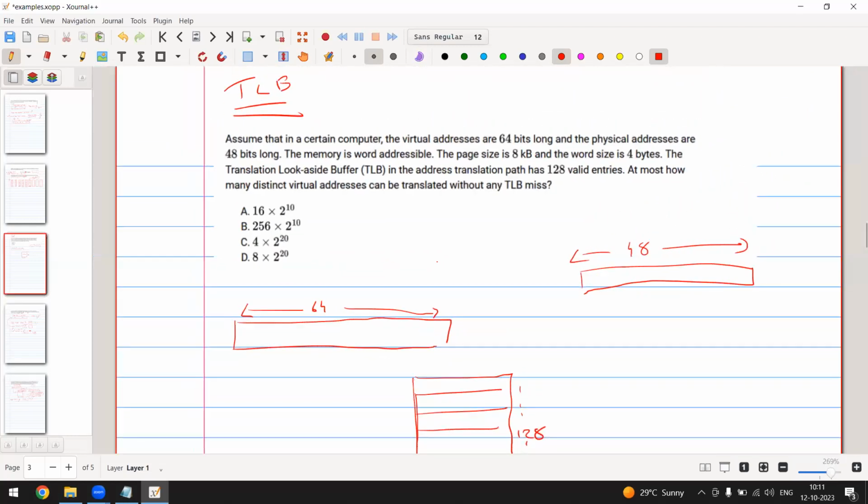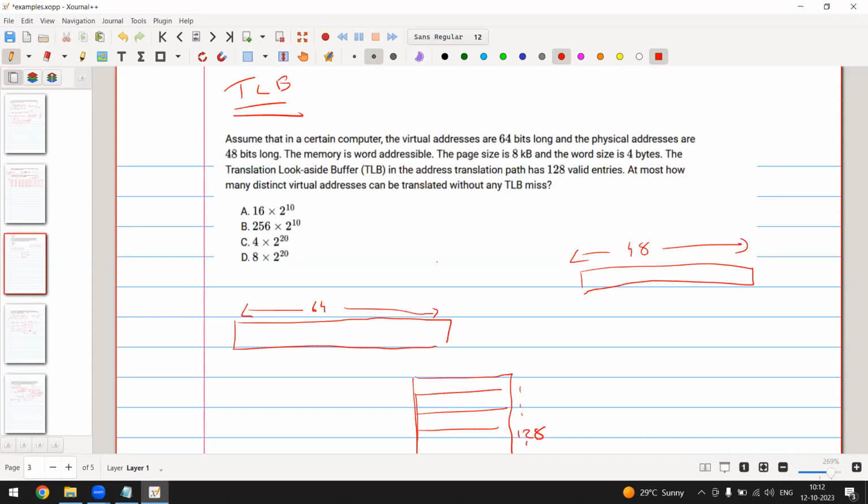If you remember, there was a concept of TLB hit and TLB miss. What is the meaning of TLB hit? Whatever address you are looking for, if you are able to find it from the TLB itself, that is called a TLB hit. And if you cannot find it from the TLB, it's called a TLB miss.